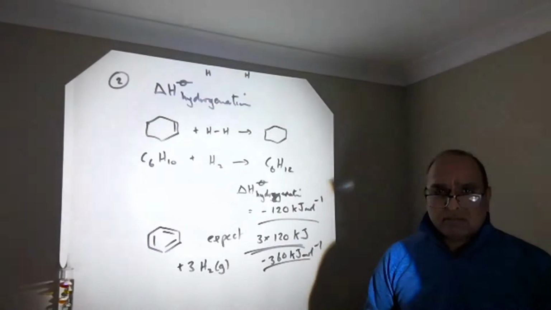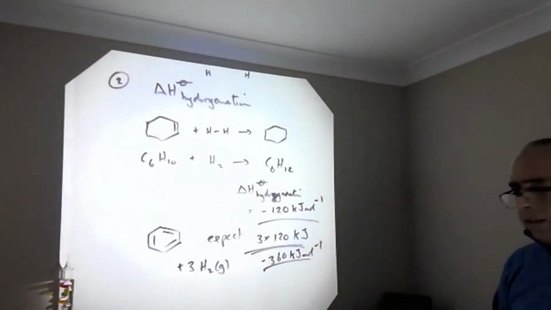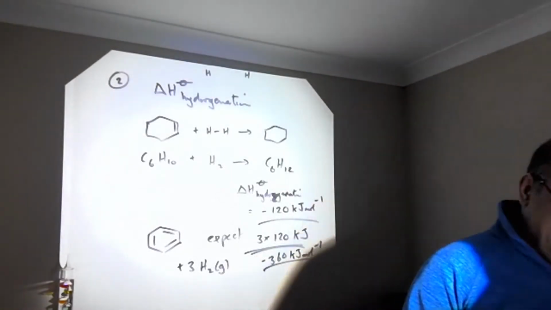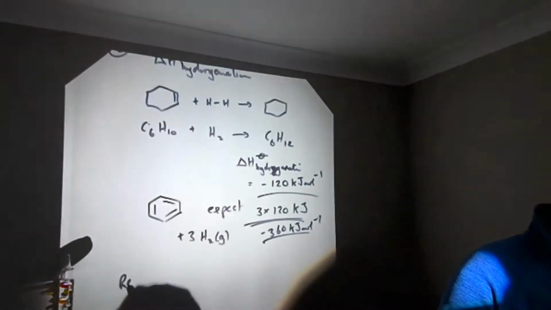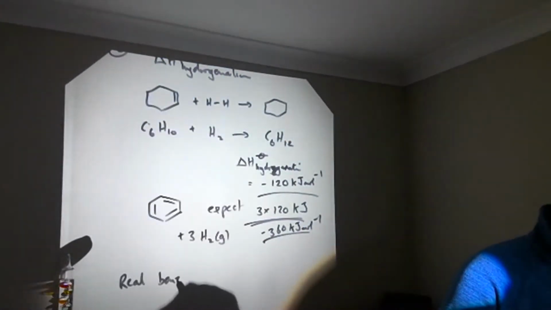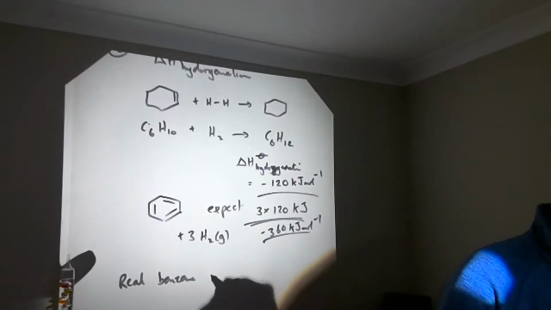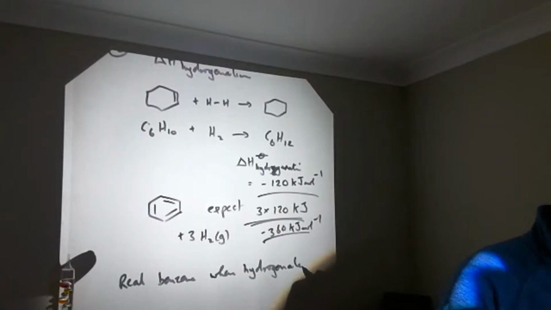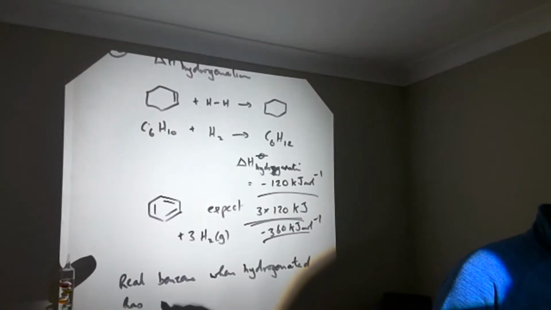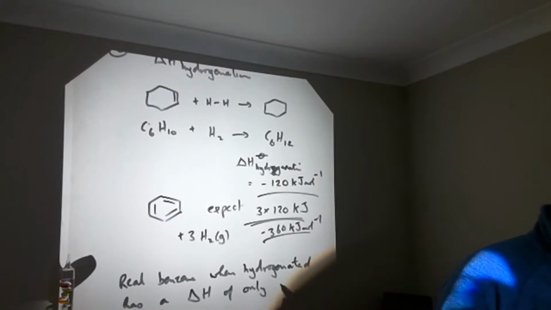If we'd expect that to react with 3 moles of hydrogen gas. But what we find is, when we do it, real benzene, when hydrogenated, has a delta H of only minus 208 kilojoules per mole.